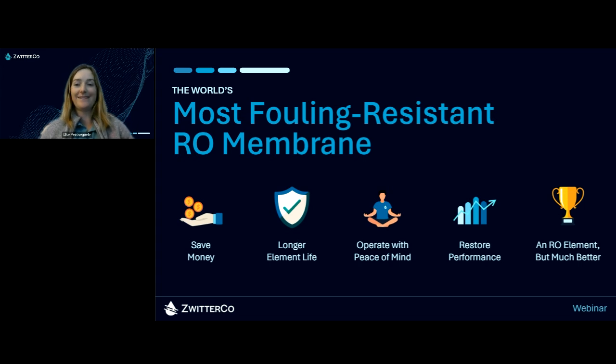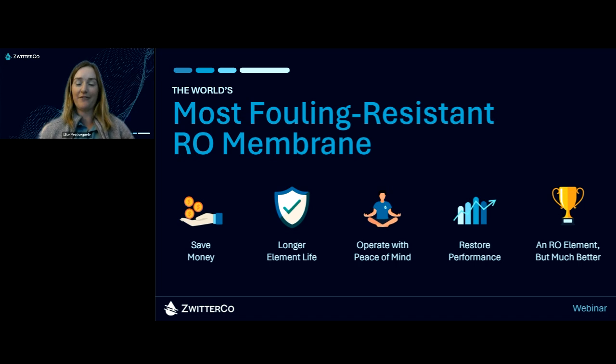And because, like Brett mentioned, cleaning chemicals do cause membranes to deteriorate over time, this reduction in cleaning frequency means that these zwitterionic membranes should also last longer than conventional membranes. Now, if this membrane doesn't require as frequent chemical cleanings and lasts longer than conventional membranes, this significantly reduces the operational costs for users treating landfill leachate. So let's dive a little deeper.